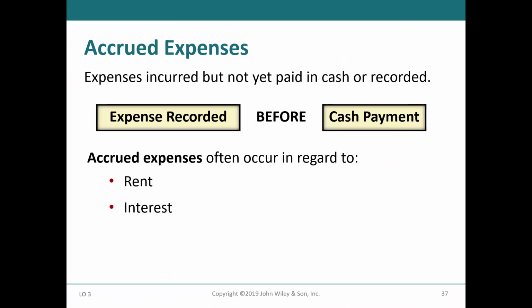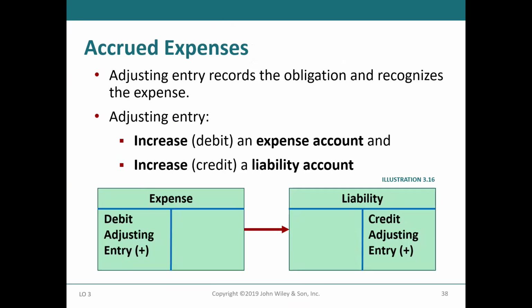It can happen for accrued rent expense, which means we already used the rent, but we haven't paid money yet. This is the opposite of accrual revenue. Interest is similar: we already borrowed money, but we haven't paid yet. Or taxes, or salary and wages expense.